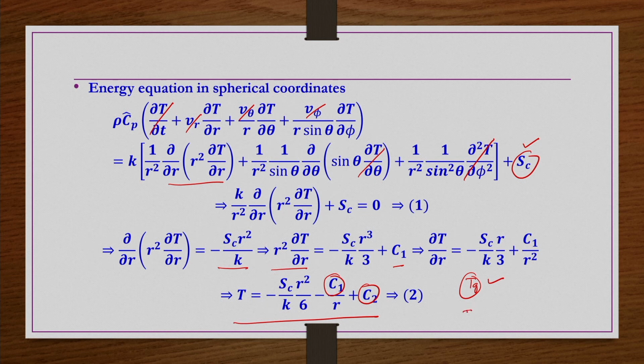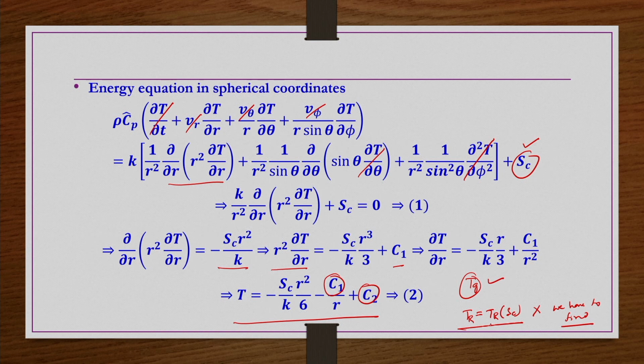For example, here Tr is the temperature at the surface, but it is a function of Sc, which is not known as of now. So we have to find that out, then we can get this constant and then the final temperature.